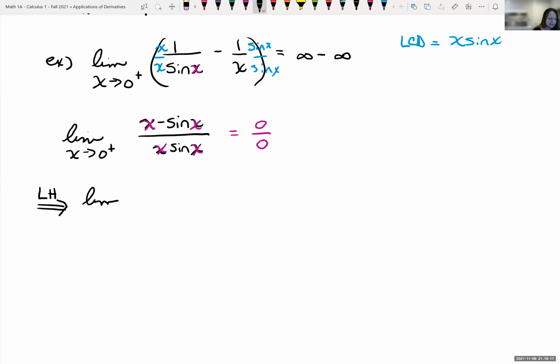So the limit as x is approaching 0 on the right. Now let's take the derivative of our numerator. So derivative of x is 1 minus derivative of sine x is cosine x. All over, okay, we need to use the product rule in this denominator. So derivative of the first, derivative of x is 1 times the second sine x, plus the first x times the derivative of sine of x, which is cosine of x.